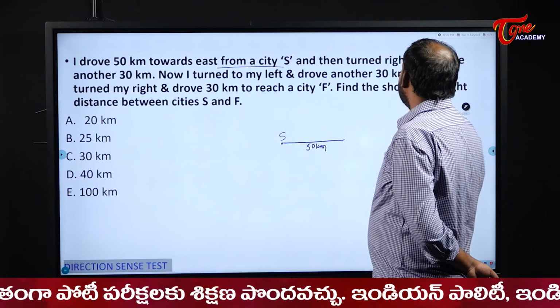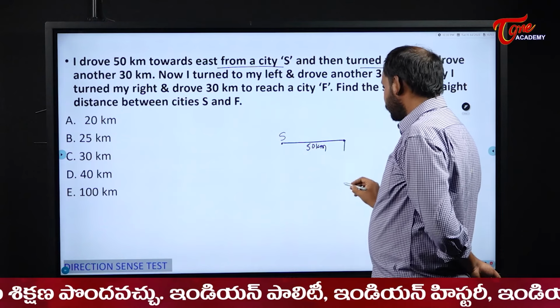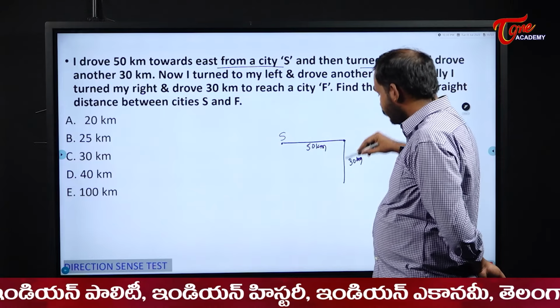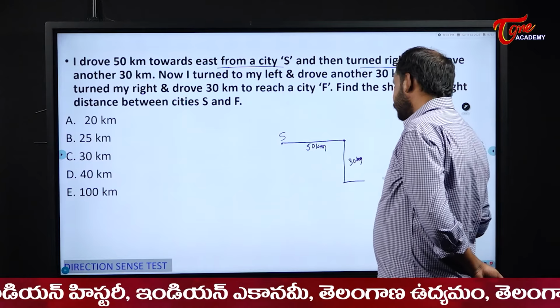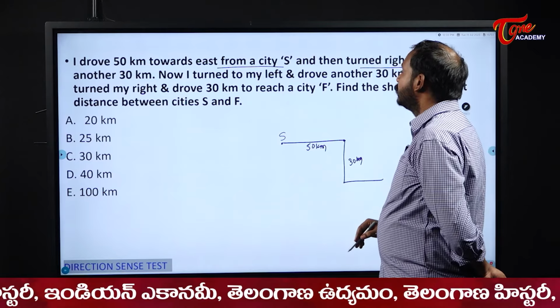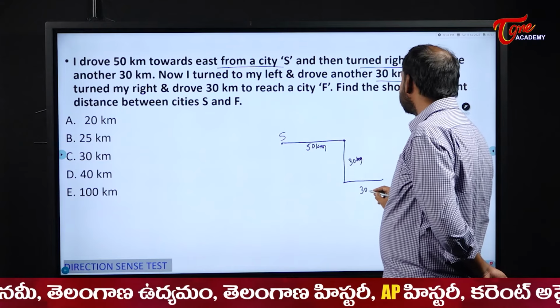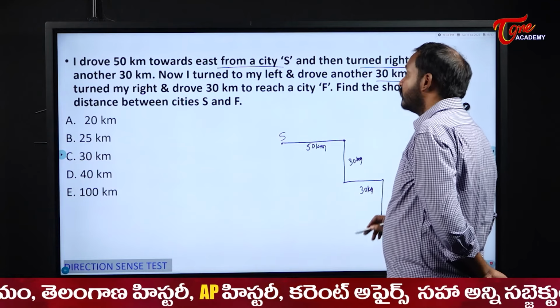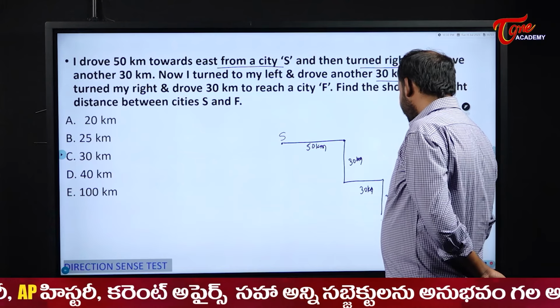And then turned right and drove another 30 kilometers. Now I turned to my left. Now the person is moving in downward direction, right? Left means this direction. And I drove another 30 kilometers. Finally, I turned to my right, which means downward, and drove 30 kilometers to reach a city F.